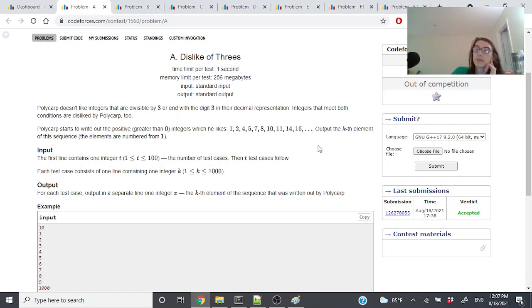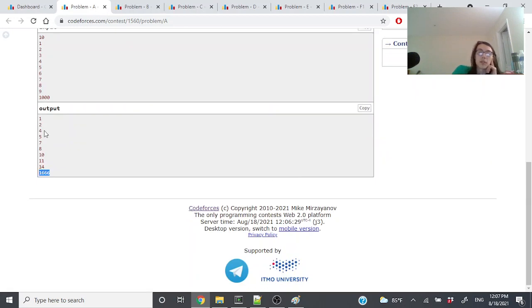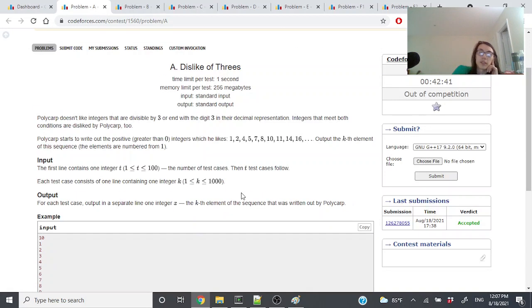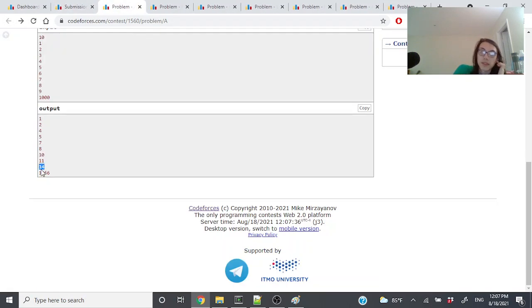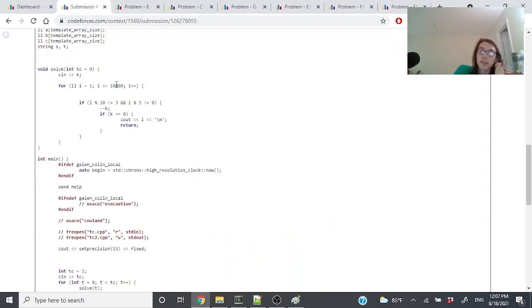You can basically just figure out the number once you generate the sequence. You just print the kth element of the sequence once you generate it. Another way is binary search. You can do it like that and it'll be efficient, but it's not necessary. So code-wise, I'm just brute forcing per test case. Because the maximum answer is at most 1666, if you iterate to any number after that, it's fine.